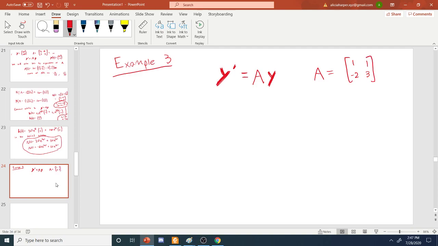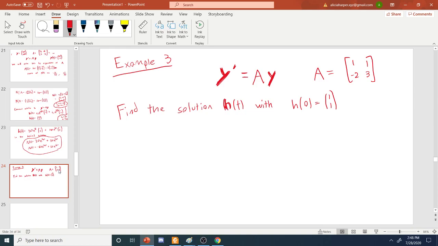And we're going to try to find the solution h of t with h of 0 equal to 1, 1.